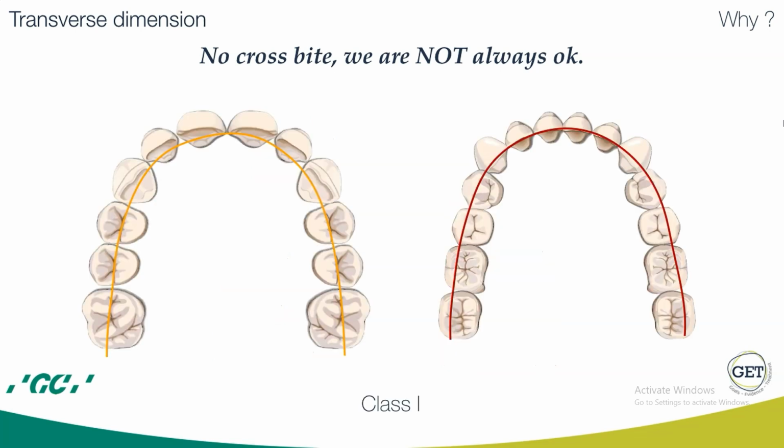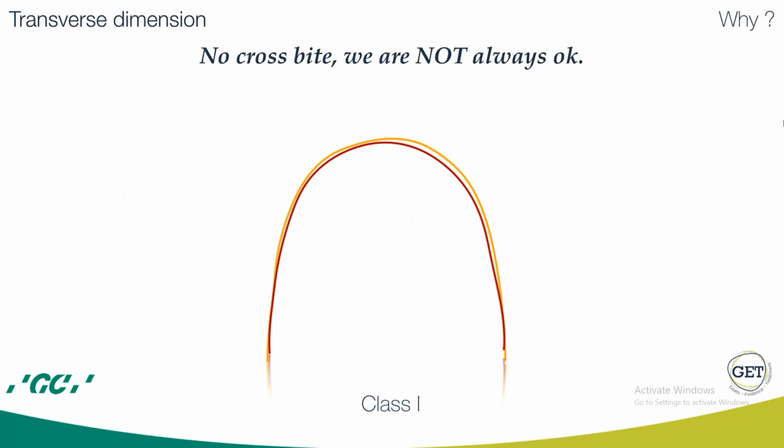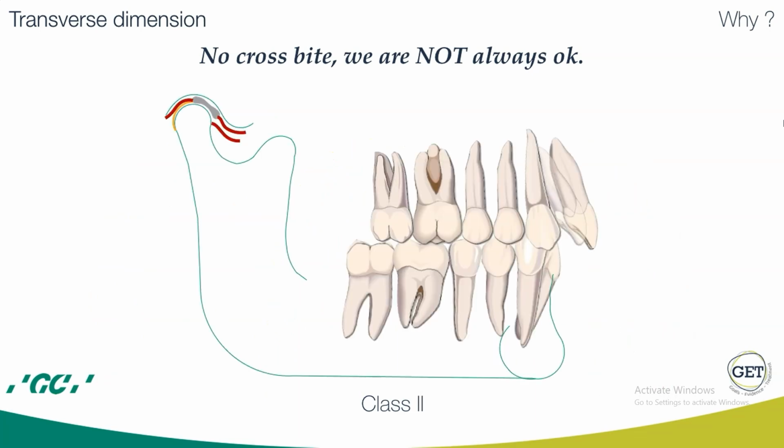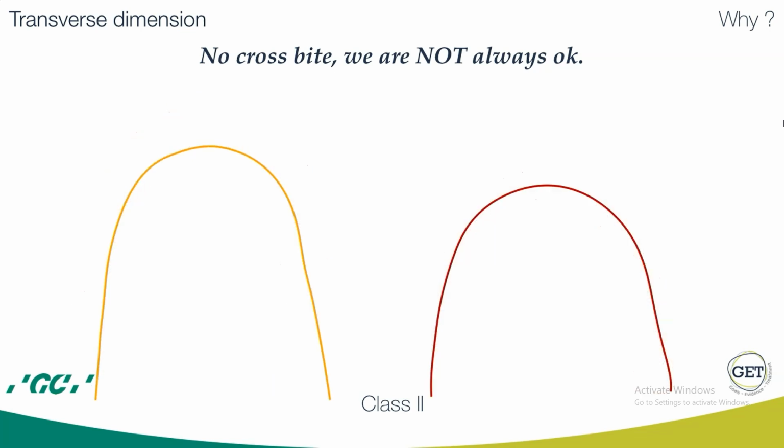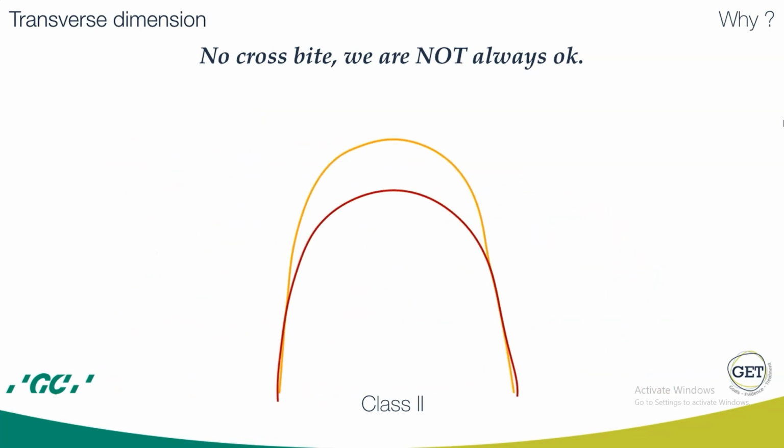In class 1, active centric line and passive centric line should correspond. In class 2, due to the sagittal situation, we most often have a camouflaged transverse discrepancy. In occlusion, in maximal intercuspation, all looks nice.